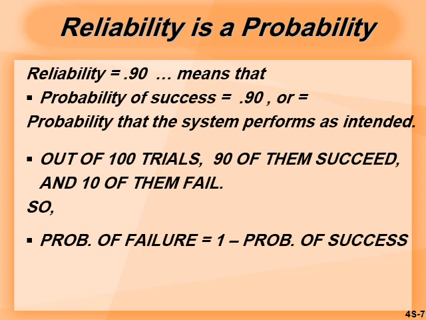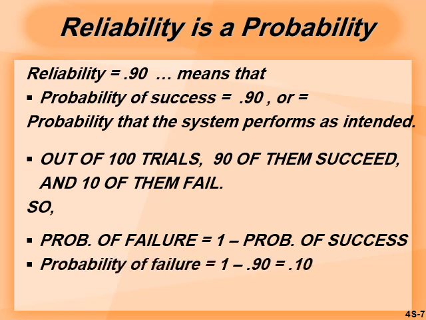Since we have only two cases for the product to perform, either performing as intended or not performing as intended, either successful or failed, the probability of success plus the probability of failure equals 1.